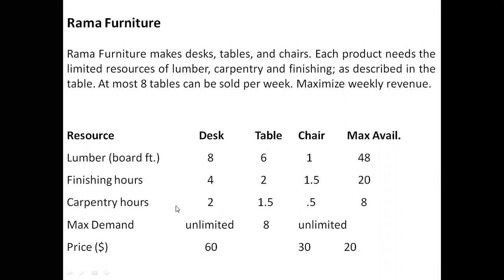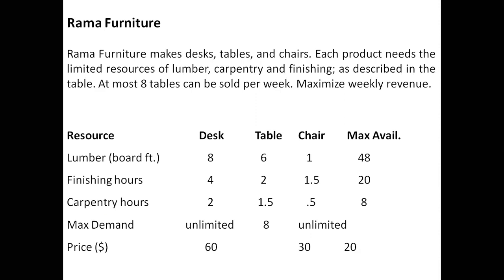Similarly, for carpentry, that is 2 hours for the desk, 1.5 hours per table, 0.5 hours per chair. But we are having 8 hours of time. So within those 8 hours, the products need to be manufactured. That is the total overall time consumed by carpentry, 3.54 hours. So hence 4 hours is ideal. So moving on to the demand category.